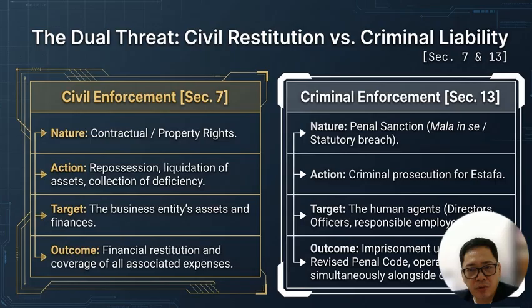If the entrustee fails in their fundamental duty to either turn over the proceeds of the sale or return the unsold goods, this failure legally constitutes the crime of estafa, punishable under the Revised Penal Code. Furthermore, the law pierces the corporate veil if a corporation commits this violation. The directors, officers, and employees responsible for the offense are the ones who will face criminal penalty.